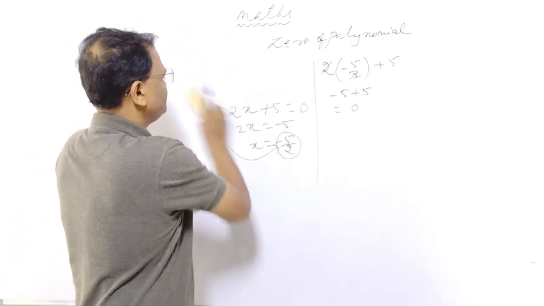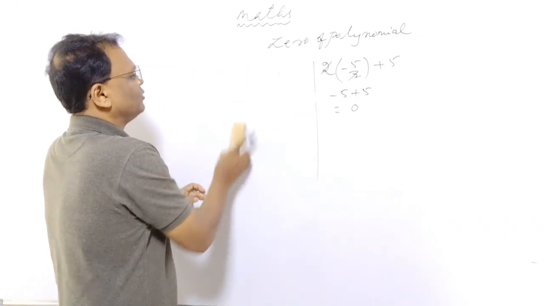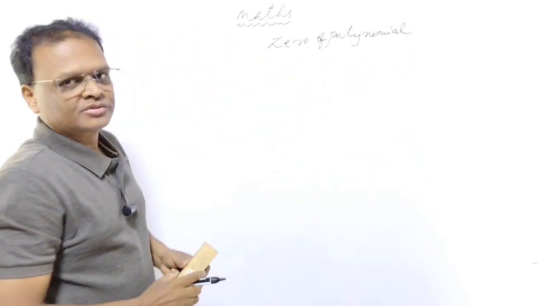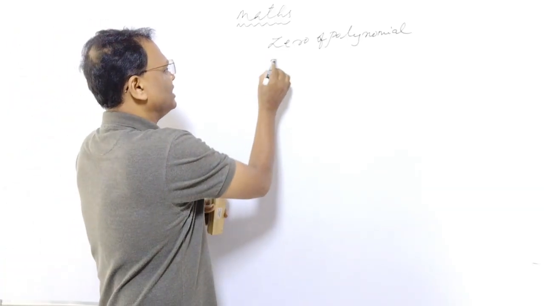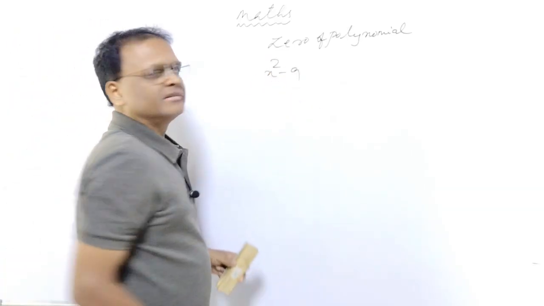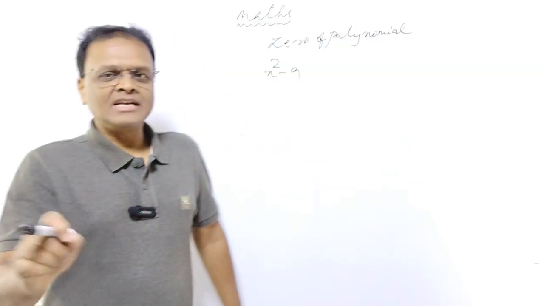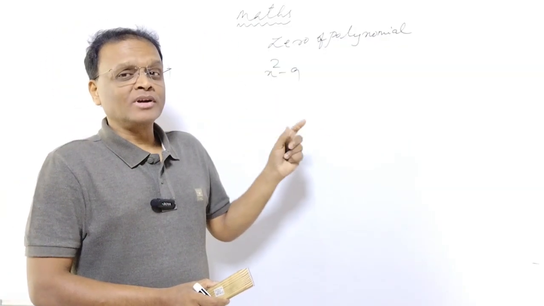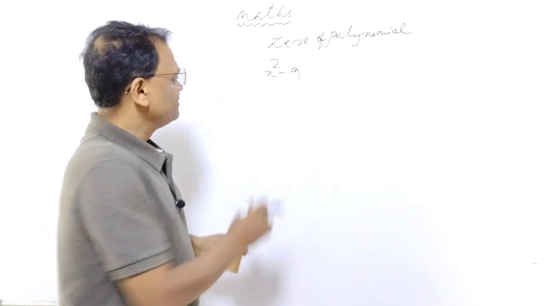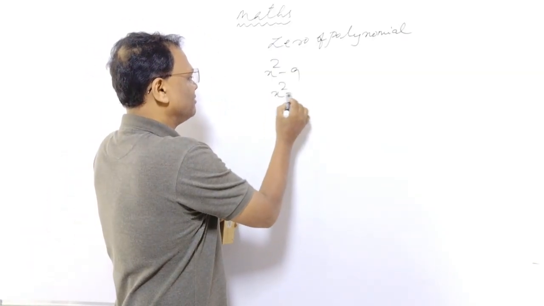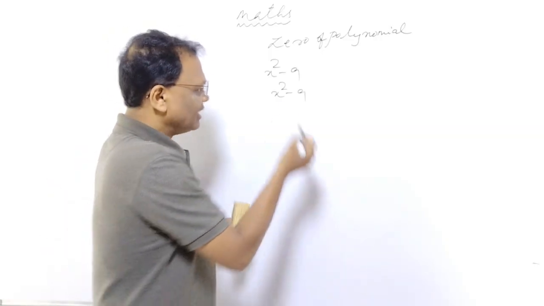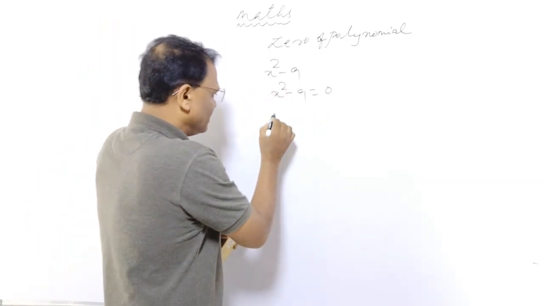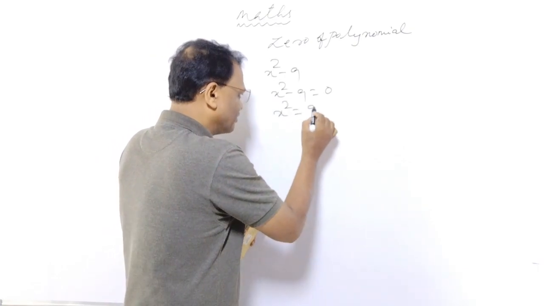Now, to find the 0 of the polynomial, let me find one more. After that, we'll go into detail on different types. x square minus, suppose, 9. This is the given polynomial, and it is asking, what is the 0 of this polynomial? Let me find. x square minus 9, and I want to find the 0, so let me equate it to 0. x square becomes 9.